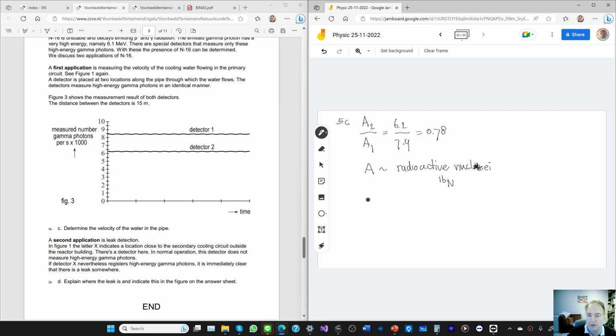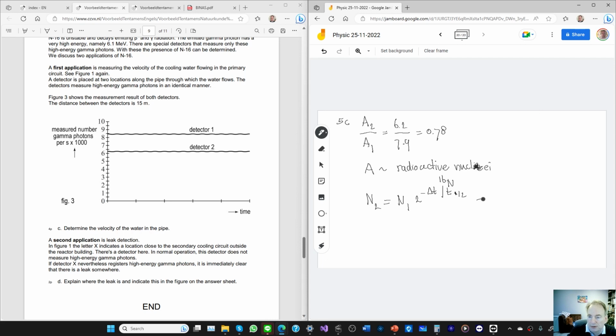So we just need to look at what is the number of radioactive nuclei at the second detector compared to the first. Well, that would just be the number at the first detector times 2 to the power minus whatever the time passed in traveling, divided by the half time, T1/2.